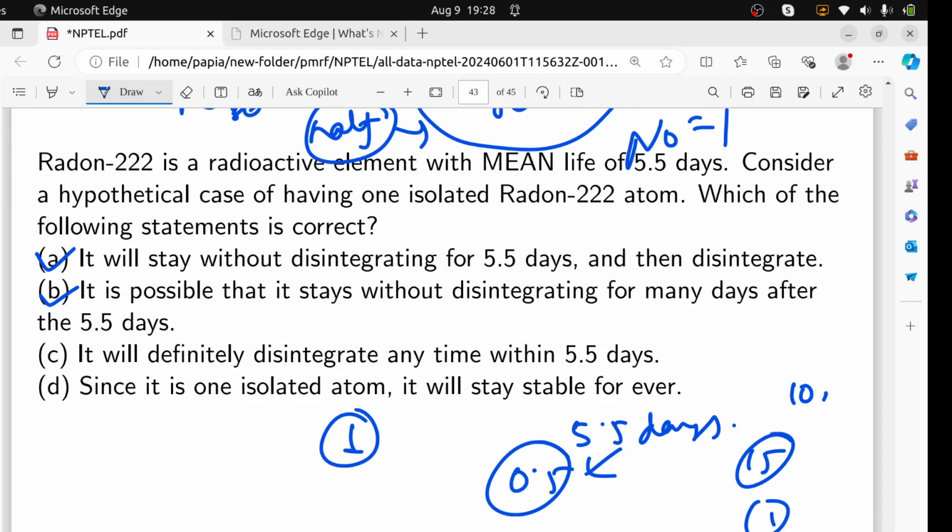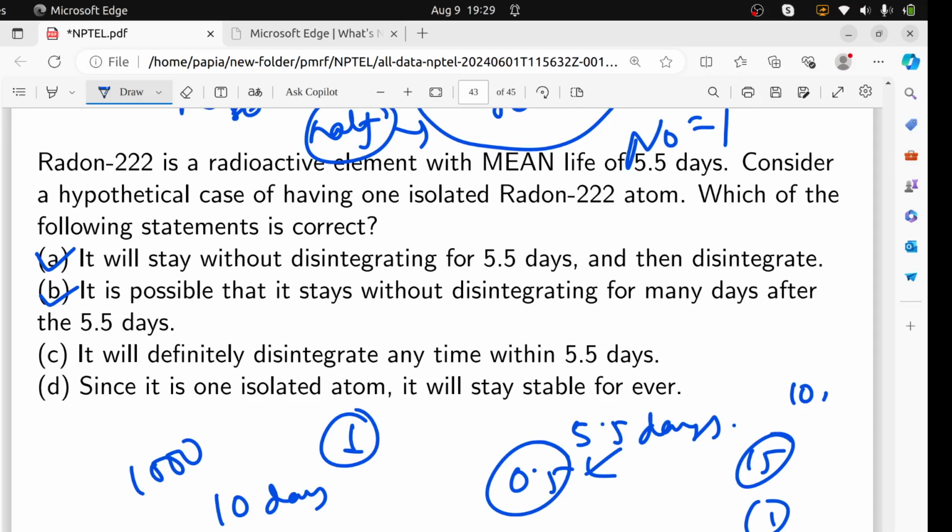Probabilistic is fine, but probabilistic up to which time, that we can say. Let's say mean life is 5.5 days or half-life is 10 days. Let's talk about half-life as 10 days and 1000 particles are there. It is probabilistic that 500 particles will go within 10 days and the rest of the 500 will remain after 10 days.